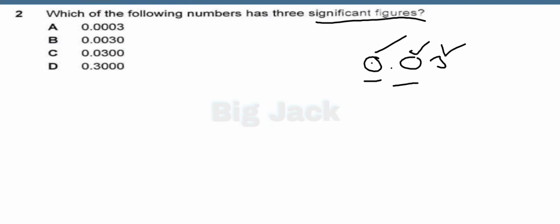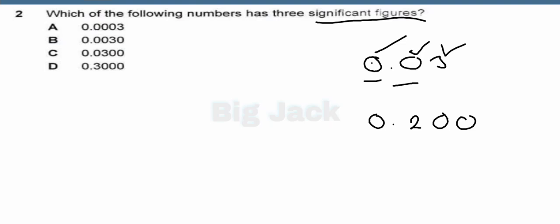But when it comes to the zeros on the right hand side, which are not covered by the whole number, they are not significant figures. An example, if we have 0.200, how many significant figures do we have here?